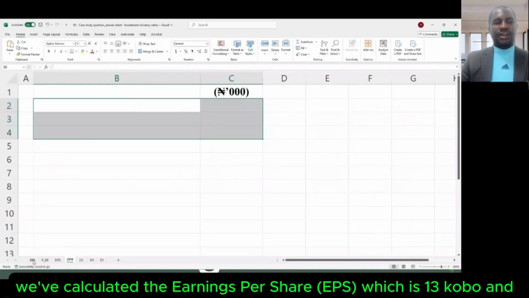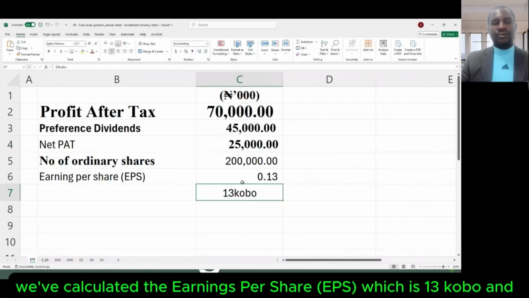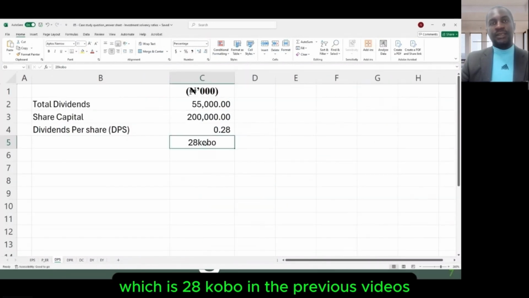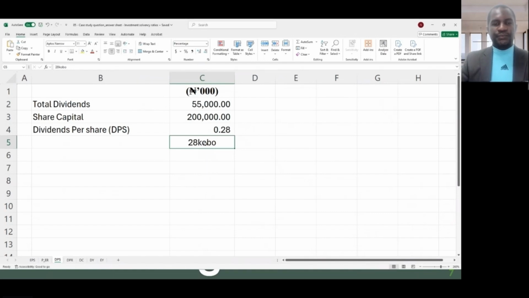If you can see my screen, we've calculated the earnings per share, which is 13 kobo. We've also calculated the dividends per share, which is 28 kobo, in the previous videos. Excellent.